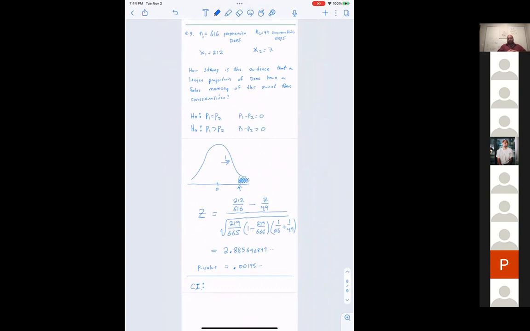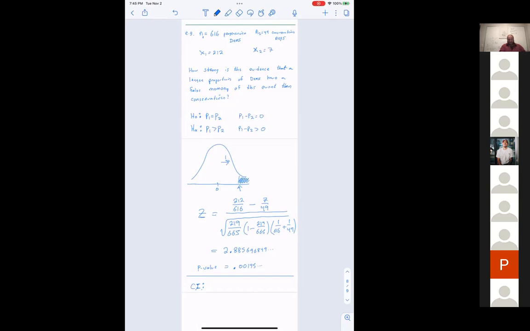Of course, we've got to be a little careful here because I'd have to use the small sample confidence interval. So we're using like 219. So for X1, it's going to be 213. I take 212 and I add 1. For N1, it's going to be what number? 618.